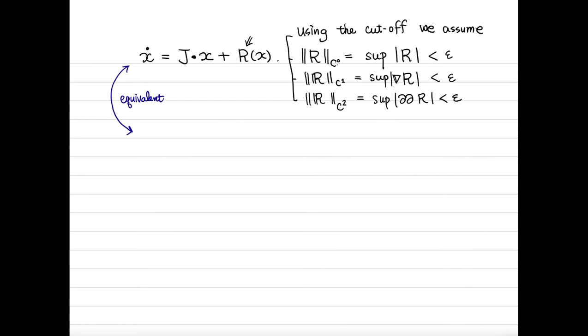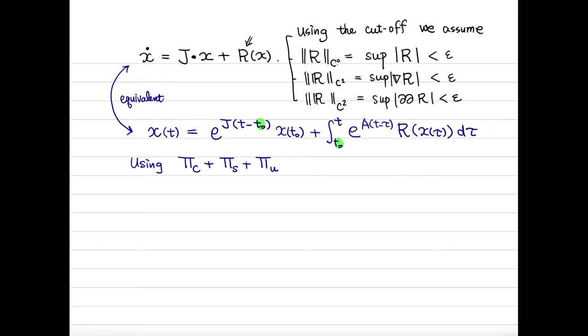We can also write this differential equation in terms of an integral equation as follows, where the t naught can be an arbitrary choice. Now, using the projection operators onto the center linear space, the stable linear space and the unstable linear space, I will apply this identity operator on both sides of the above equation. Then the right hand side can be written in three terms, with each projection applied to the right hand side of the above equation.